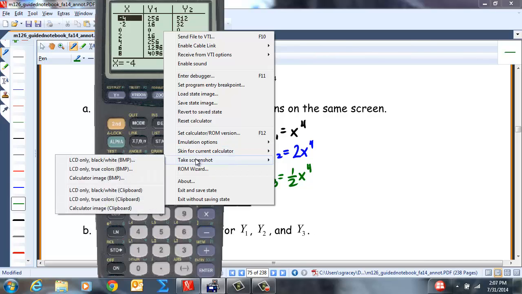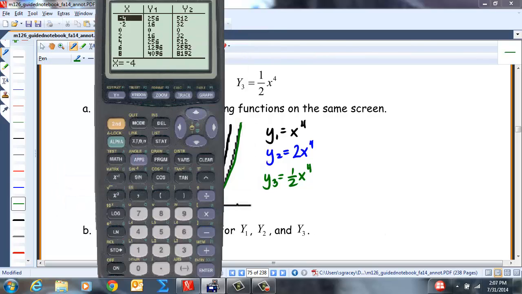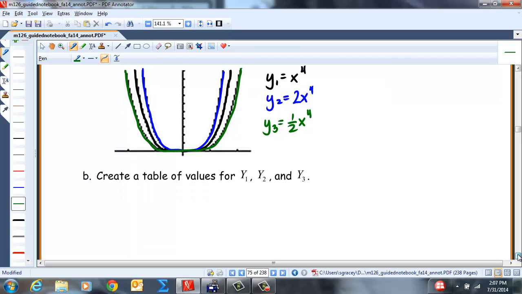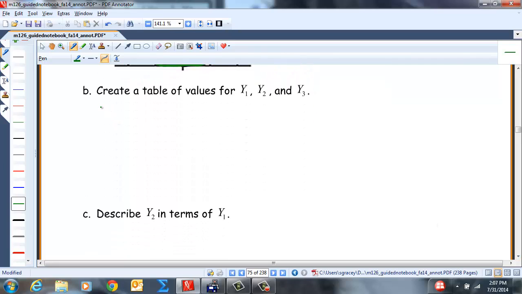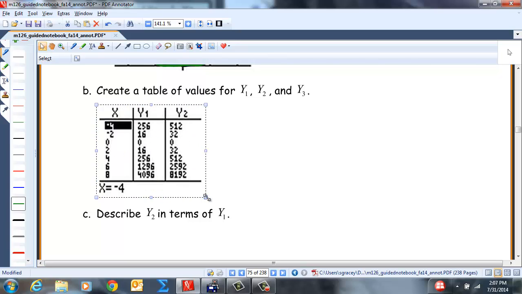Those values are fine. As you see, y2 is each of these y1 values doubled. So it ends up stretching our graph vertically.